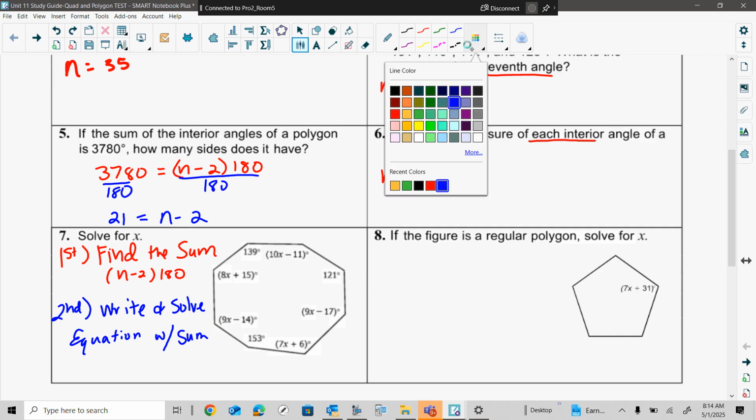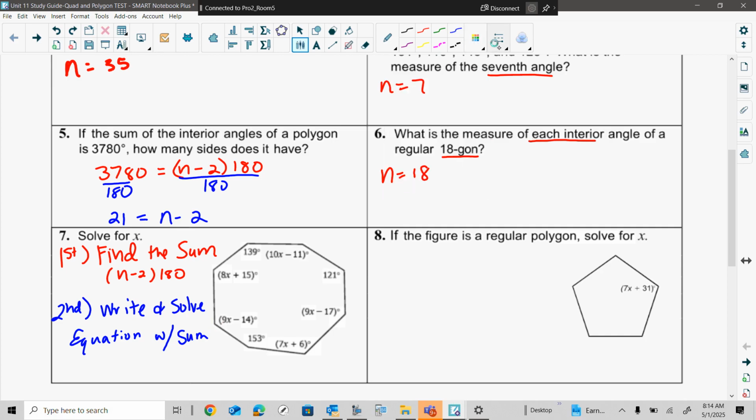Now for 8, since they tell you that the figure is a regular polygon, that means all the sides are congruent and all the angles are congruent. So you're going to have to use the measure of each angle, the n minus 2 times 180 divided by n, to find each angle.